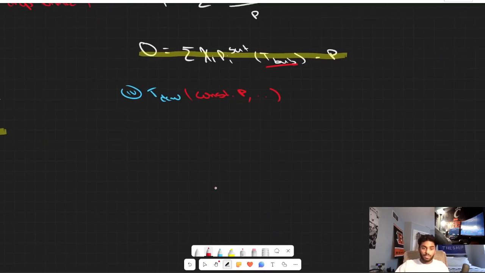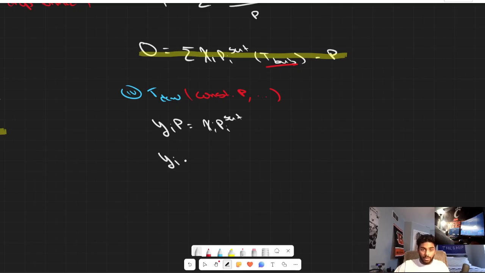Well, let's start back up with our Raoult's law. P equals x_i P_i^sat. Now at this point we don't know our x's because we have a fully vapor system. So we'll end up dividing both sides by the saturation pressure.